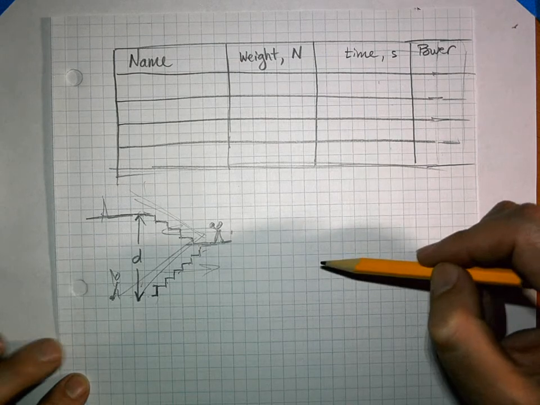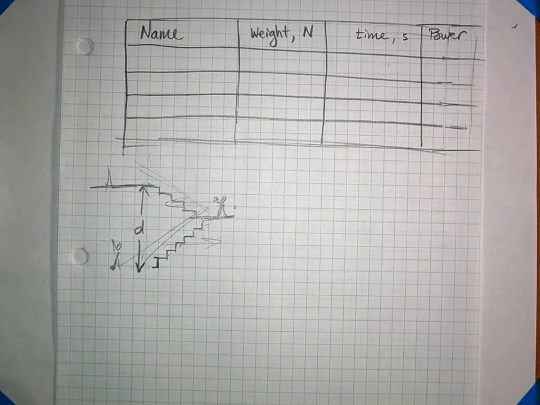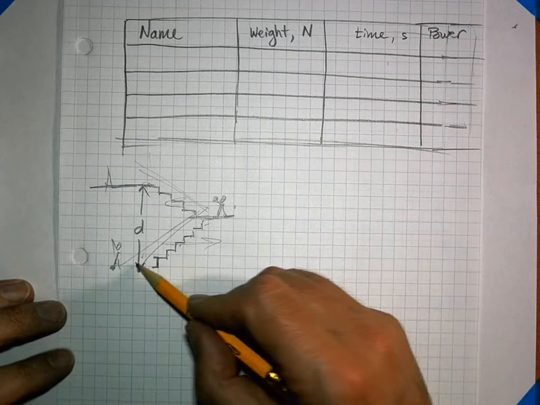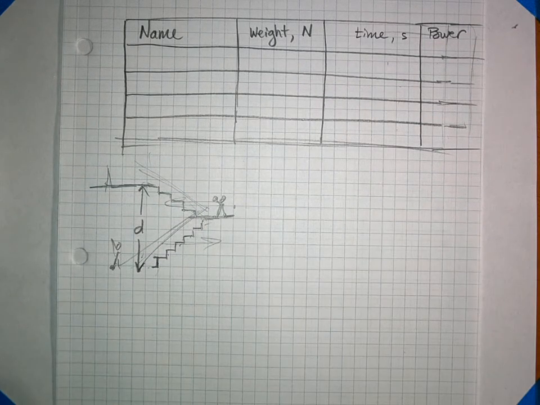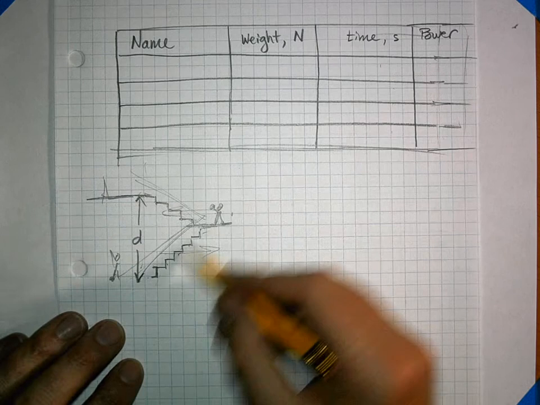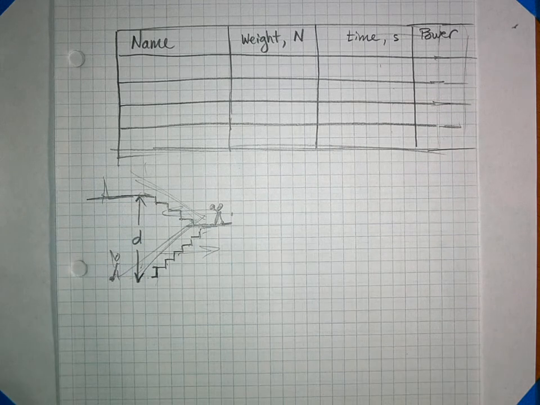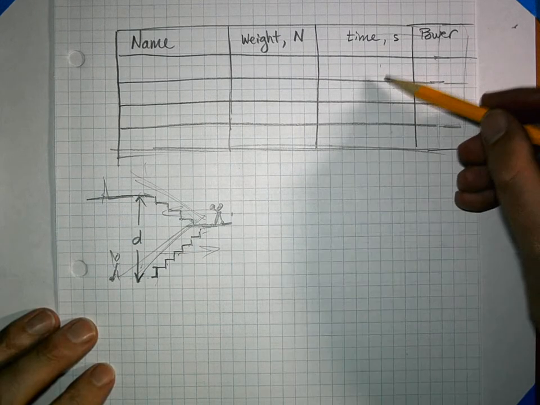Now, if you're wearing shoes that make running very difficult, then just walk fast. Or if you want to see how powerful you can be, sprint as fast as you can, but don't be crazy, okay? Don't hurt yourself. And sprint up the stairs and time how long it took.